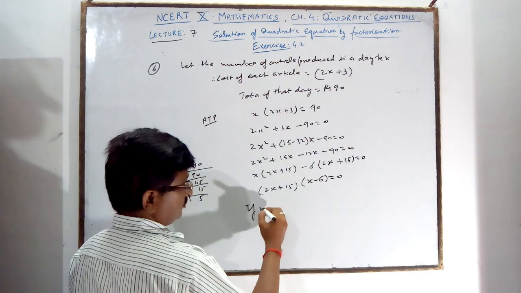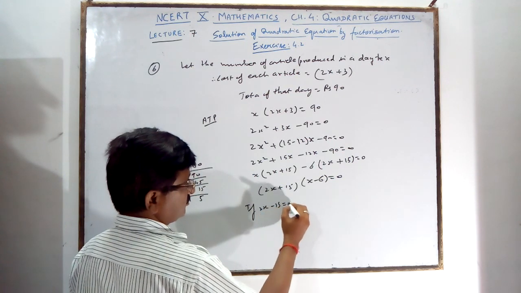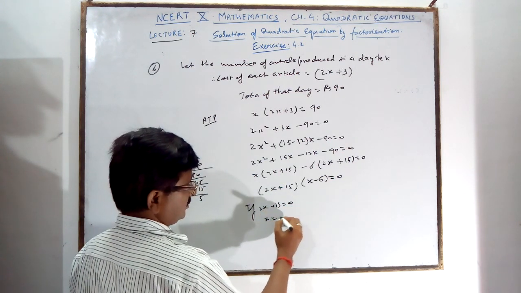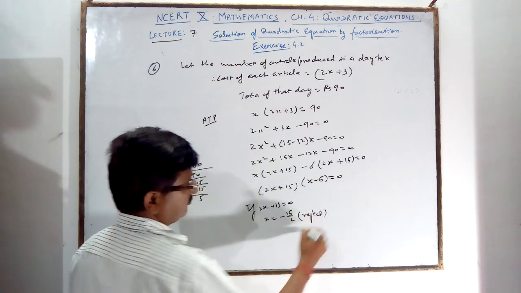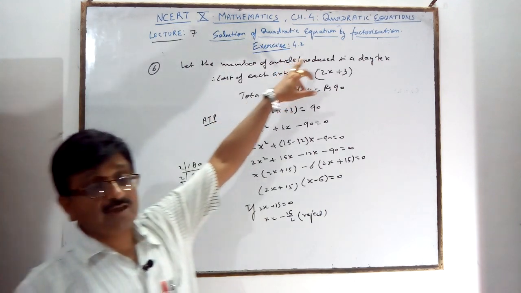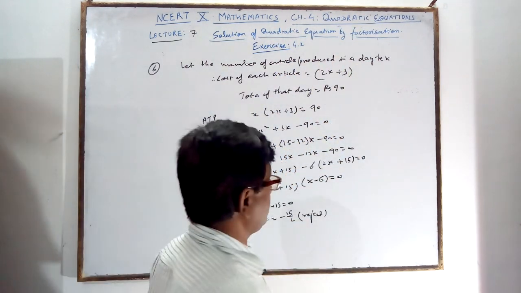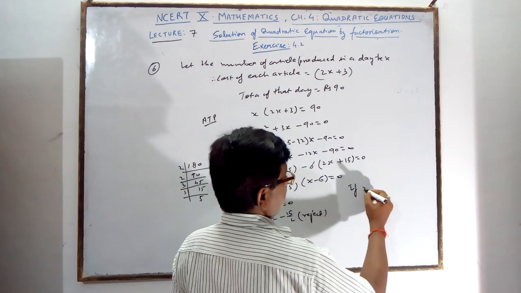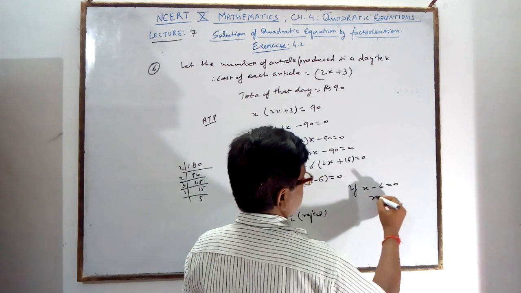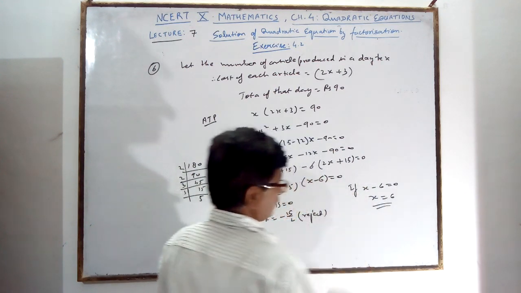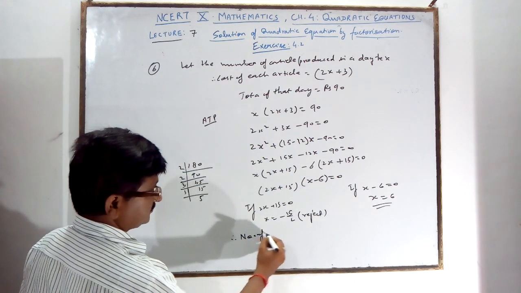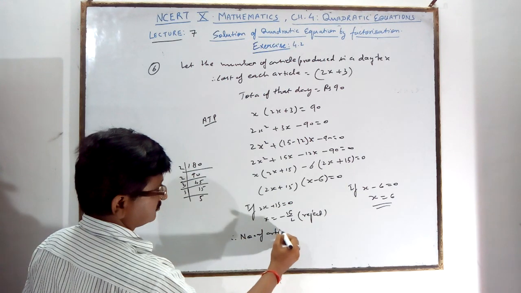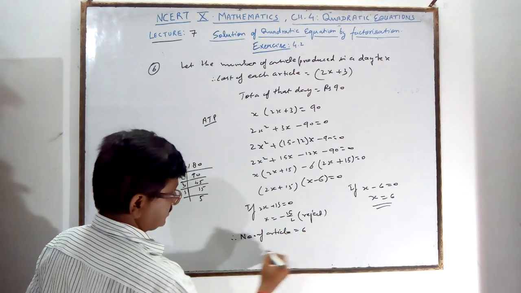If 2x plus 15 is equal to 0, then x is equal to minus 15 by 2. You reject it. Why reject? Production will not be negative. If x minus 6 is equal to 0, then x is equal to 6. So the number of articles is 6.